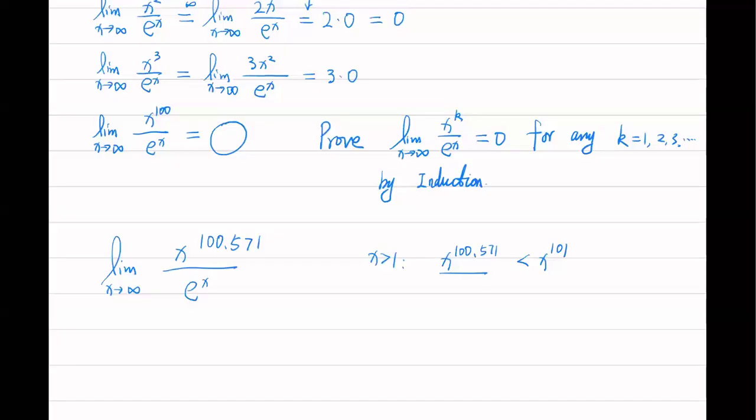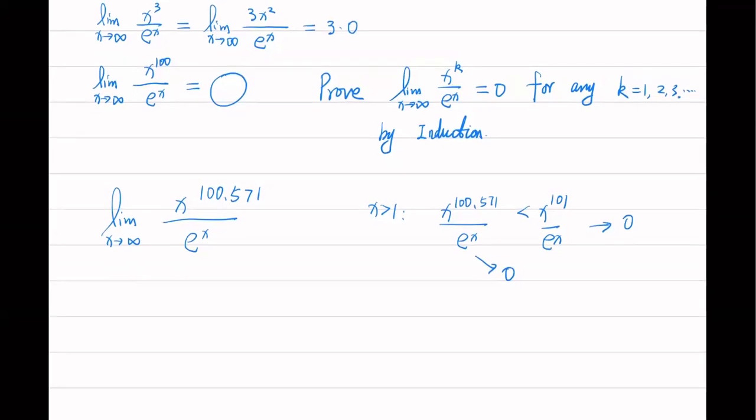If we divide it by exponential x, this one goes to 0, so this one also goes to 0. So in general, we have the following limit, for any number. It means any real number.